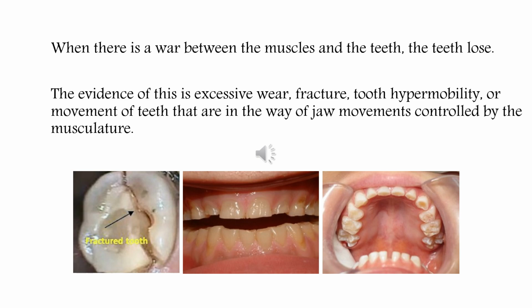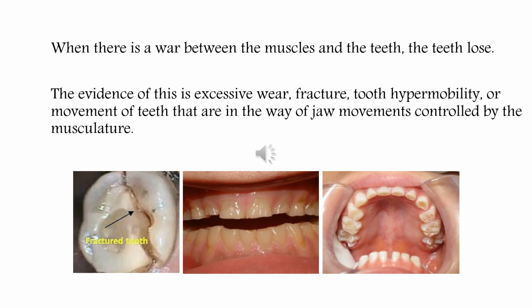Why is that? Because remember, the bite force of mastication can reach up to 65 kilograms for a male. So how will this poor tooth tolerate all of that? So a balance should happen between the muscles, the joints, and the teeth to be able to function properly without cracking or fracturing the teeth.